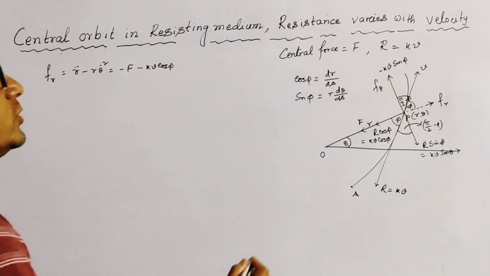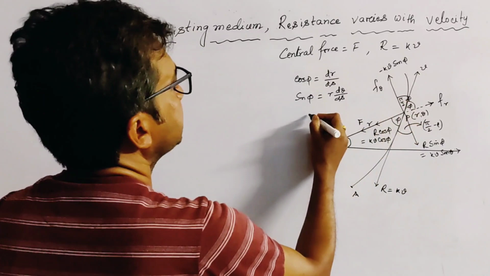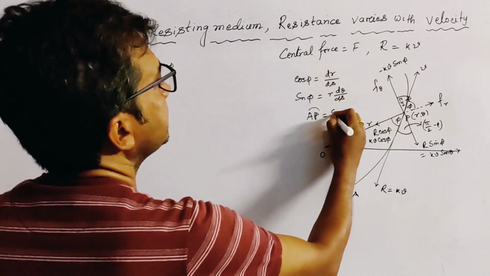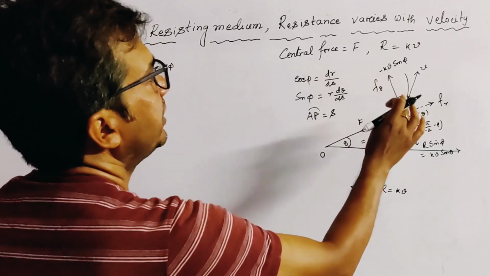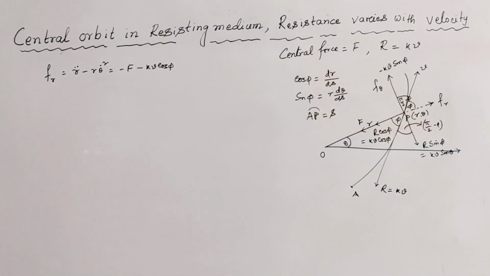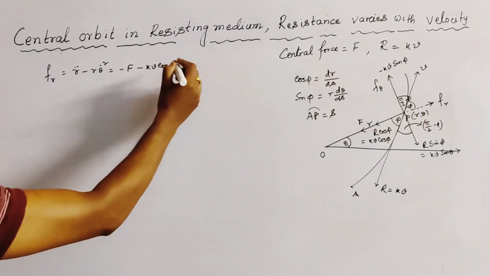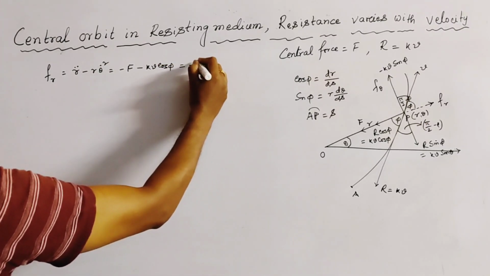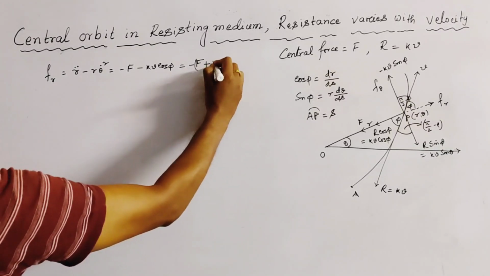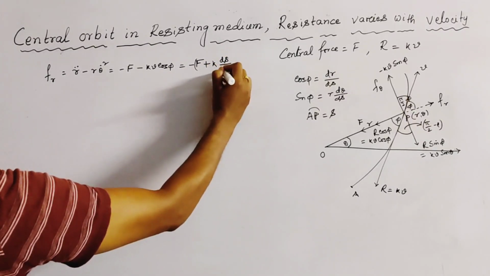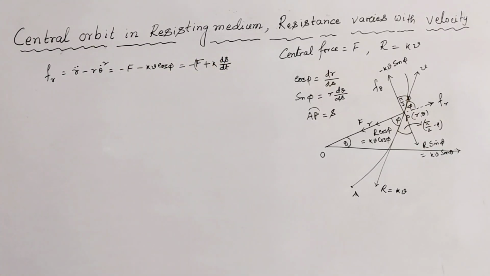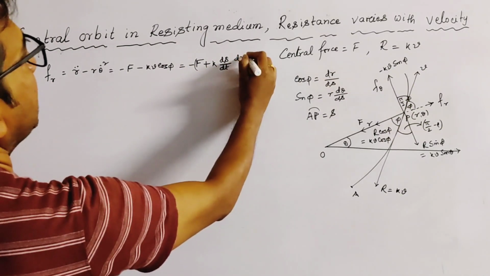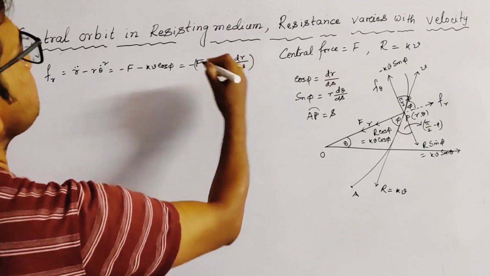Let the arc length from A to P be s, and ds the elementary arc at P. Now we put the value of V, that is minus F plus K into ds/dt, which is equal to V, and cos phi means dr/ds.